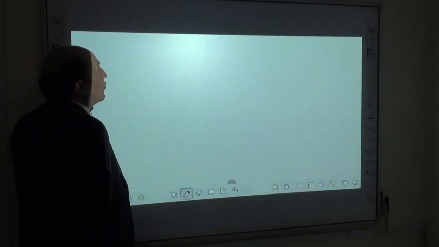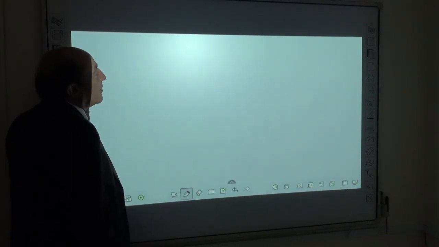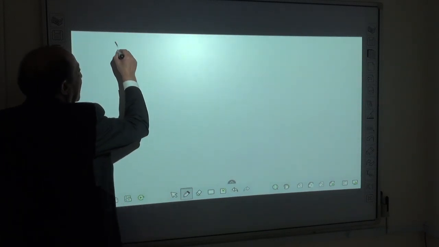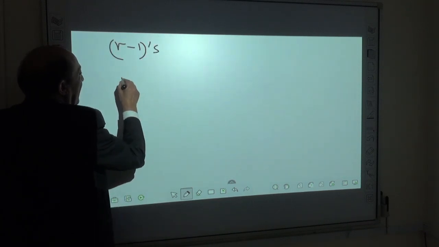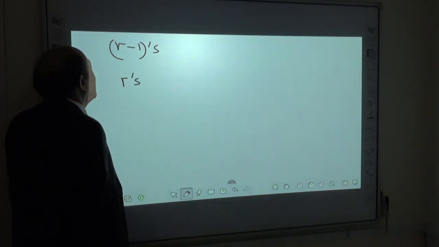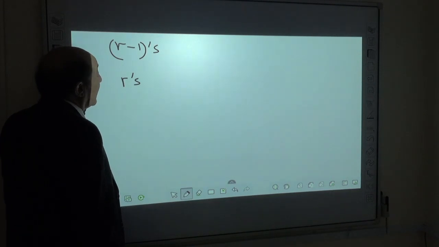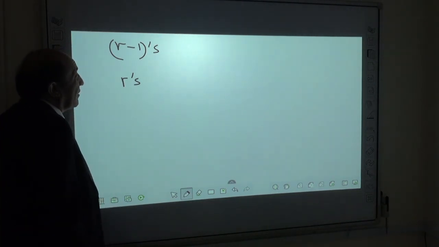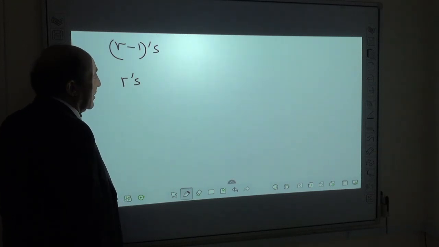Why do we need complements? So far we are familiar with 2 types of complements, R minus 1's and R's complement, and we know how to find R minus 1's complement and R's complement of any number in any numbering system.